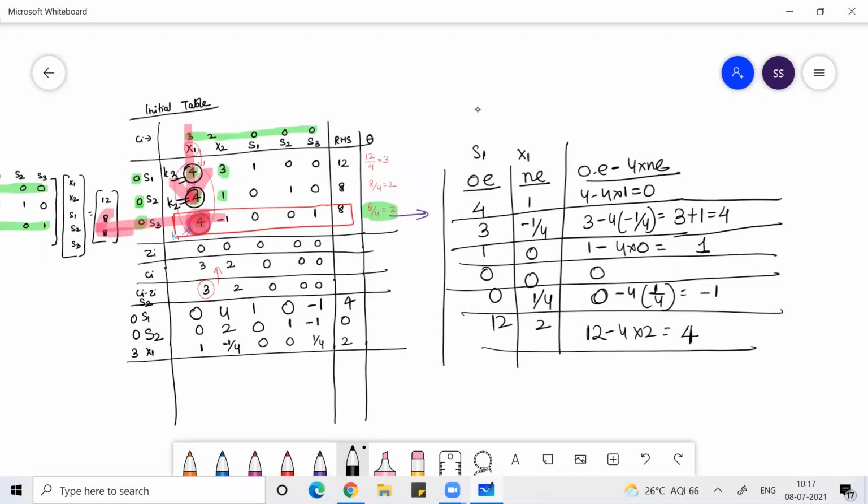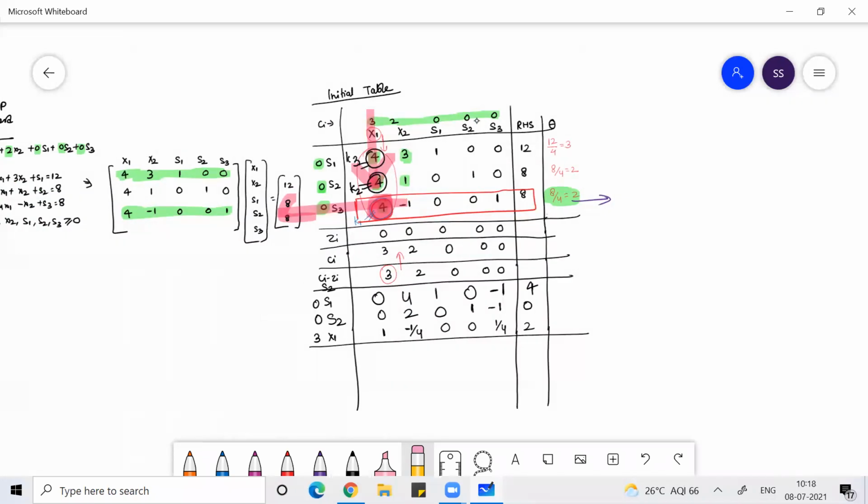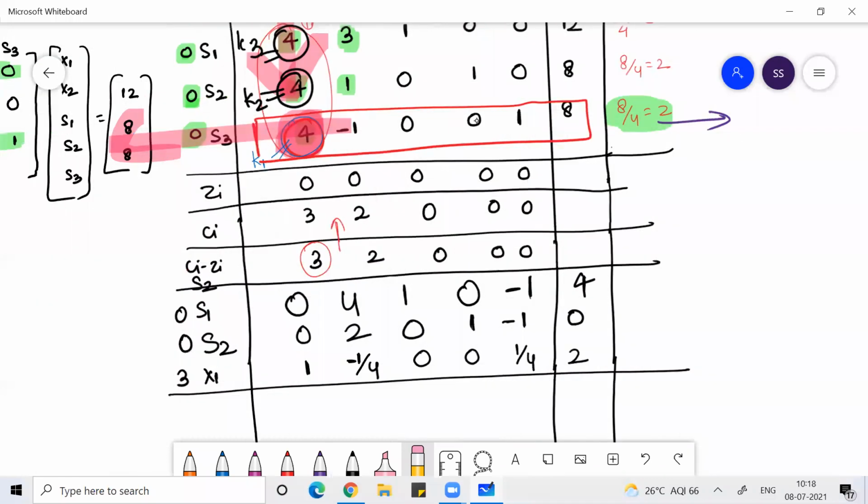Any doubt? So once we found this value, we're done with this calculation.